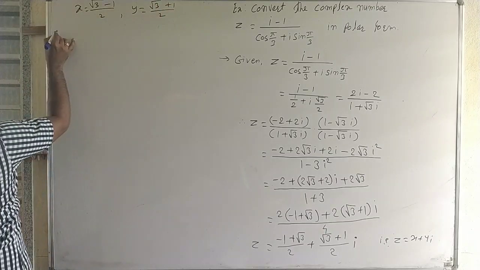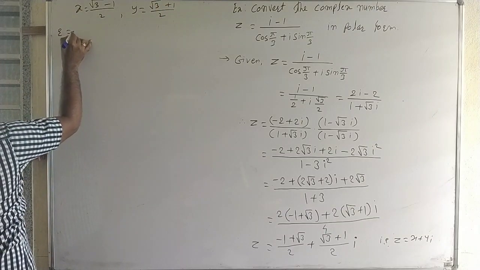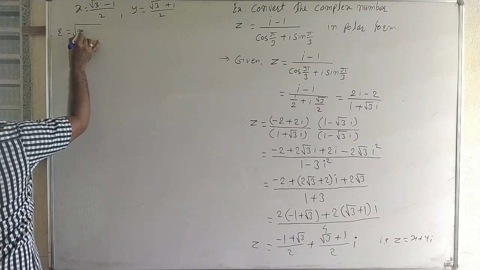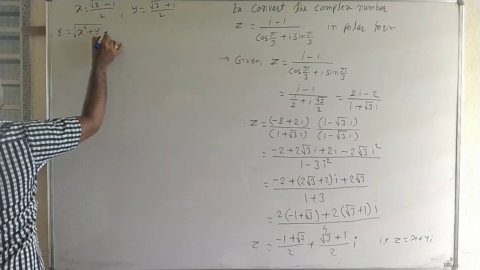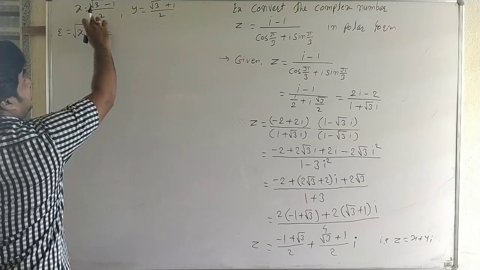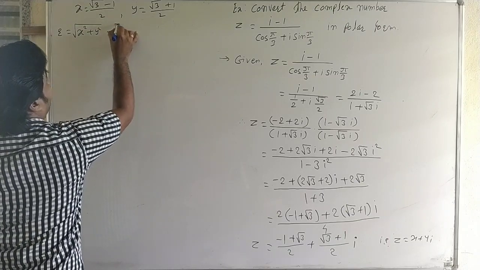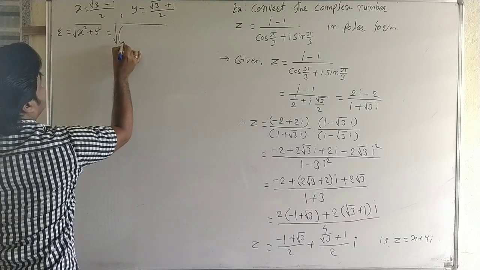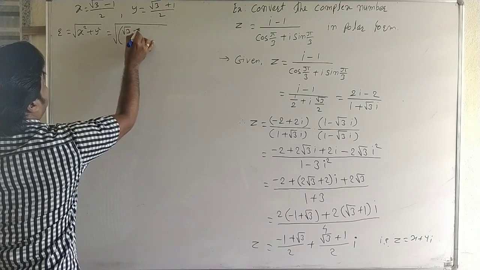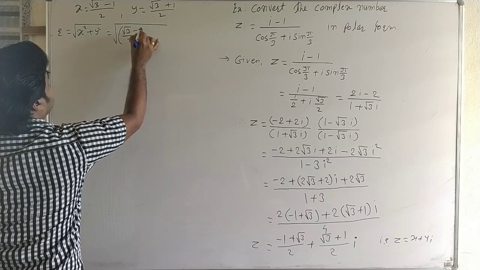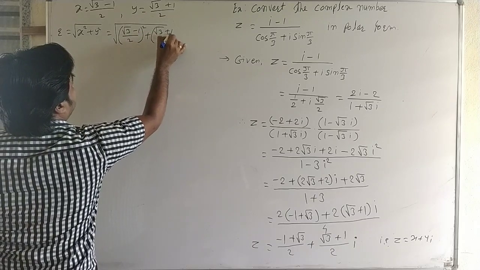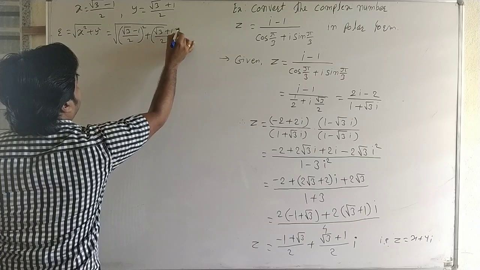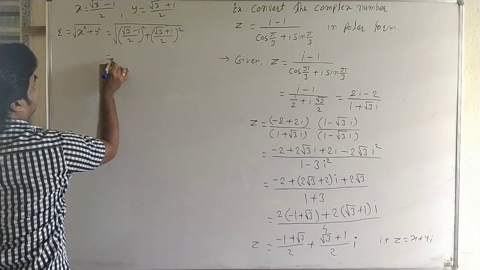Now first find the modulus r, which is the square root of x² + y², so the square root of ((√3 − 1)/2)² + ((√3 + 1)/2)². Now calculate.